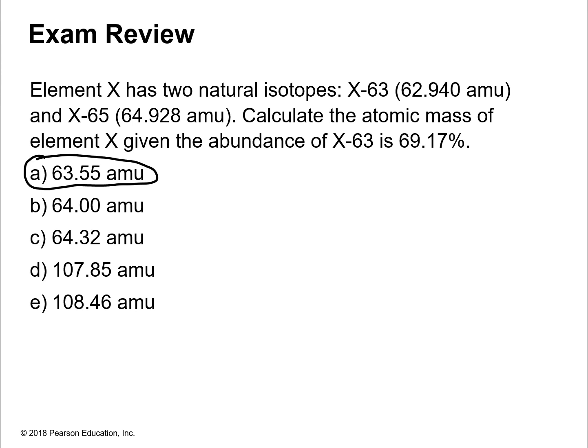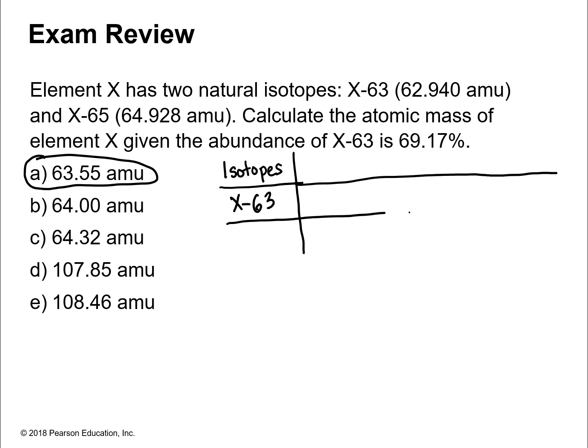Okay, so now we're dealing with element X, and it's got two natural isotopes. I like to make my table. The first isotope is X63.